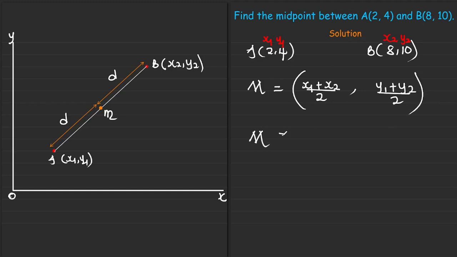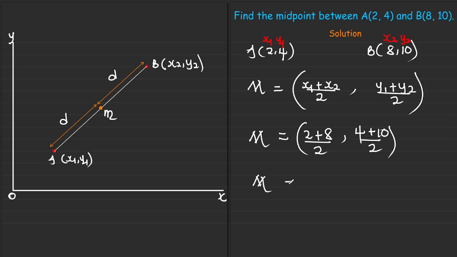So our formula is then going to be substituted with the actual values. X1 was 2, so 2 plus x2, which is 8, so 2 plus 8 all over 2. Then for the y, we have 4 from the y1 plus y2, which is 10, and we find its average as well.